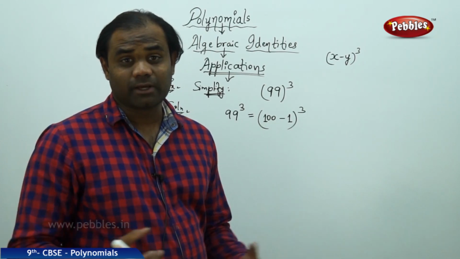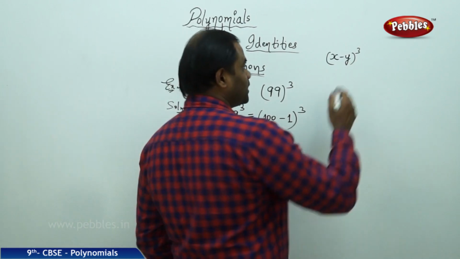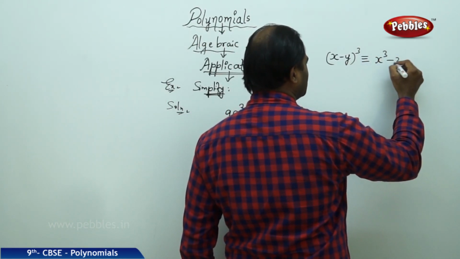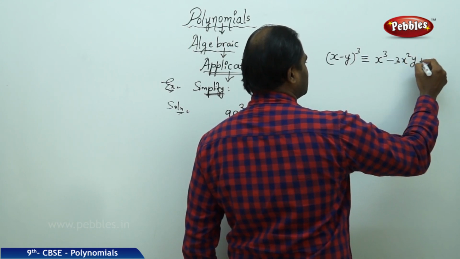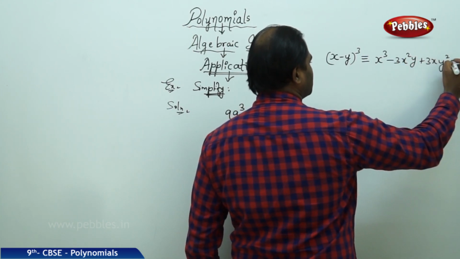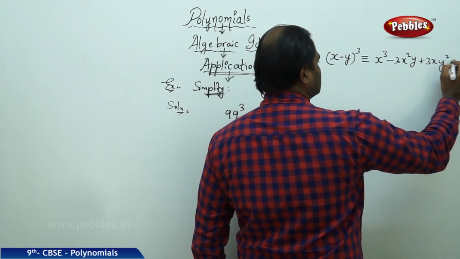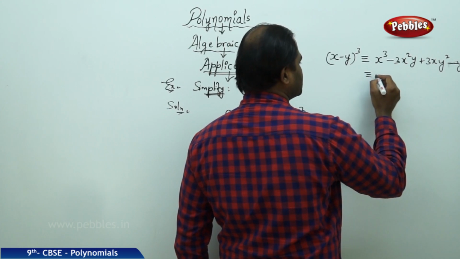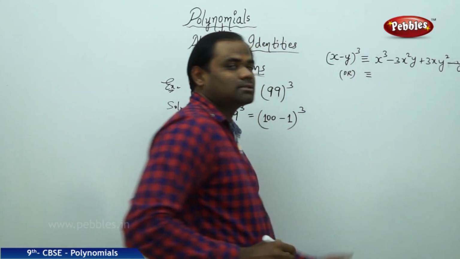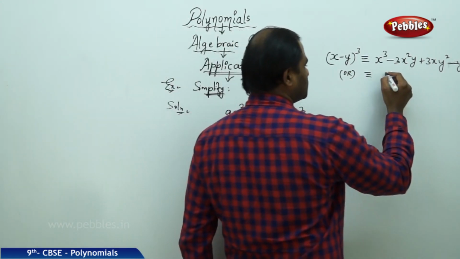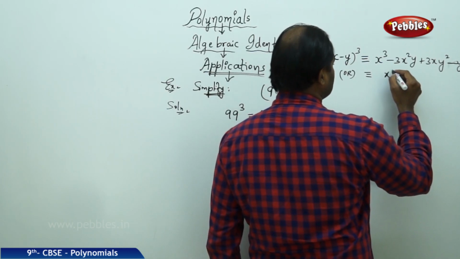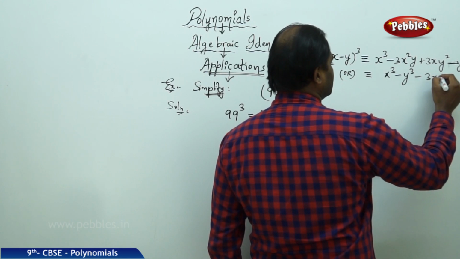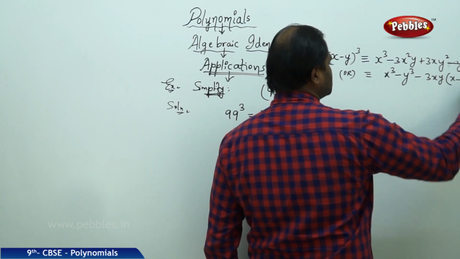What is x minus y whole cube? It is an algebraic identity which expands to a cube minus 3a square b plus 3ab square minus b cube. Or this expansion is also equal to a cube minus b cube minus 3ab into a minus b.